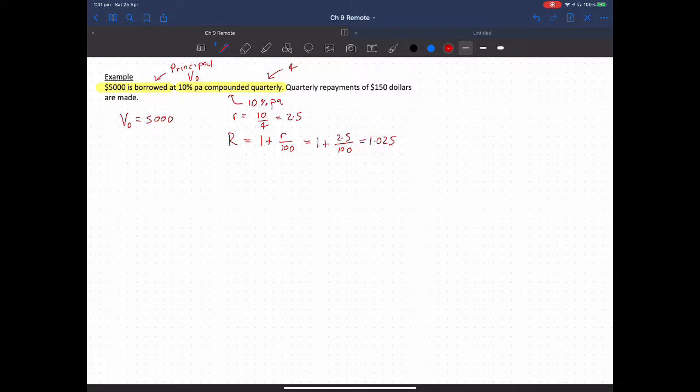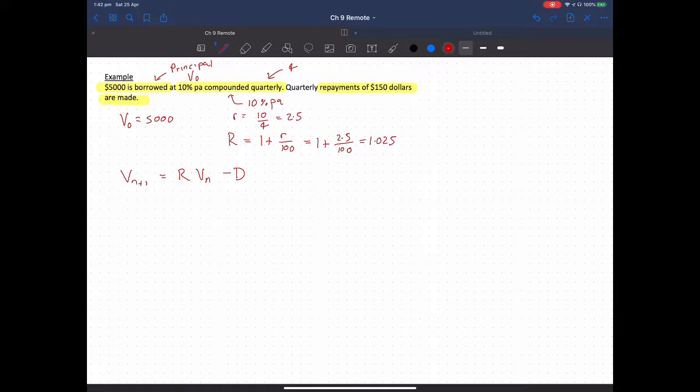The equation for this situation is Vn plus 1 equals R times Vn minus D, where D is your repayment. So now, if we look at the last part of the statement of the question, it says repayments of $150 are made.